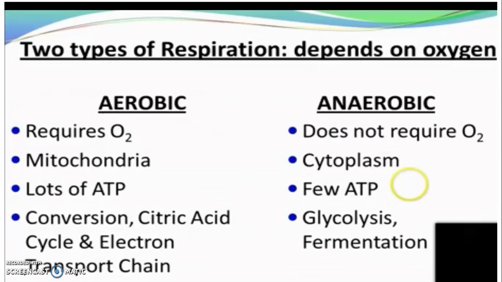So aerobic takes place in the presence of oxygen in mitochondria, and anaerobic takes place in the absence of oxygen in the cytoplasm of the cell. One important thing to know is that aerobic is really efficient in the production of ATP, so more ATP is produced in aerobic respiration as compared to anaerobic respiration.